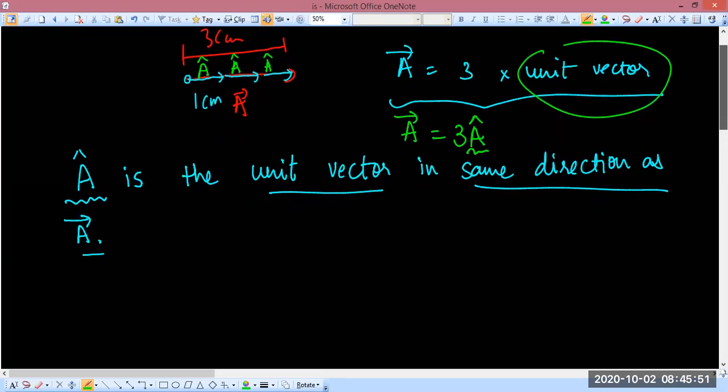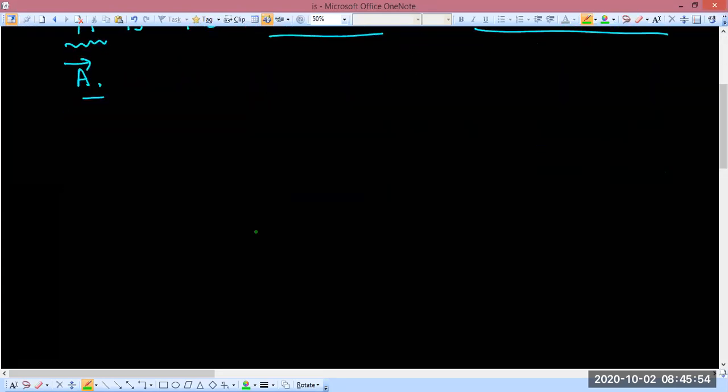Okay, this time you try it on your own. Suppose you'd have a b vector like this, which is, let's say, 6 centimeter long. Then how should I write b vector? It cannot be negative, Ayush, because negative means opposite direction of a vector.